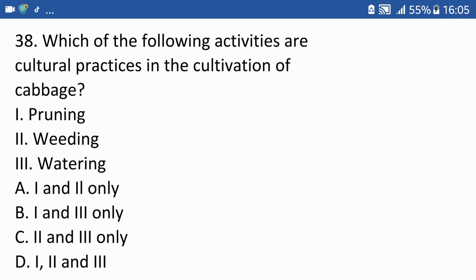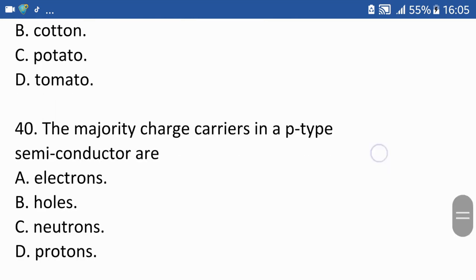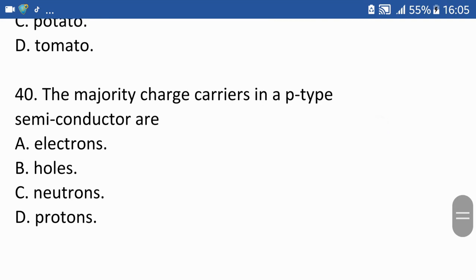III, watering. 39. An example of vegetable crop is. 40. The majority charge carriers in a p-type semiconductor are.